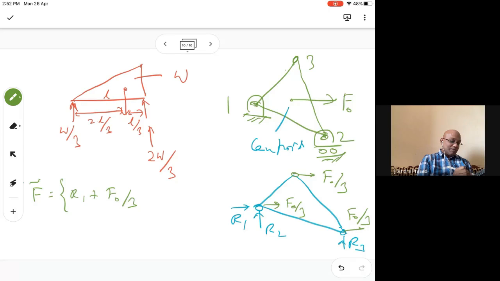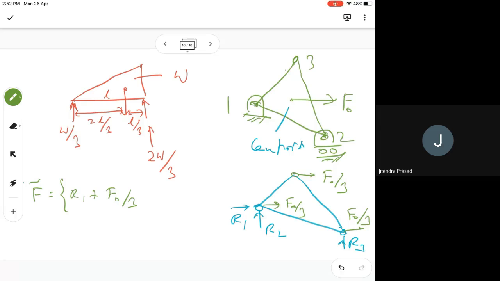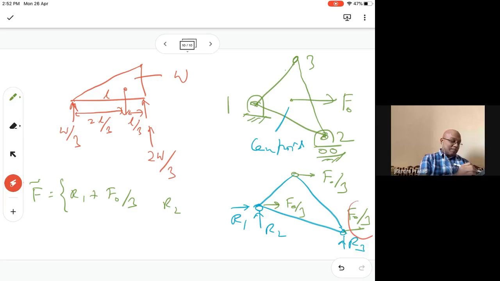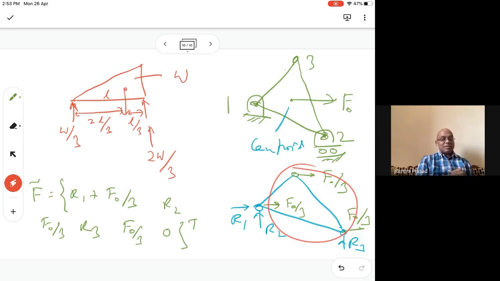Then we have R2, then this F0 over 3. Then we have R3, then F0 over 3. Then we have 0, there is no other force here, so this will be 0. So this transpose. So we got all the forces here automatically.